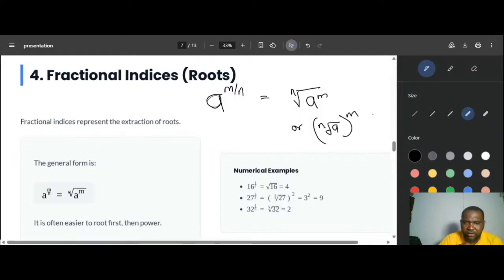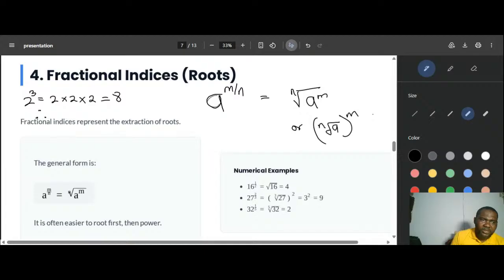Now, but before I continue, I like to say what root means. You know, we have square root, we have cube root, and so on and so forth. Now, if you have, let's say, 2 raised to the power of 3, we say it is 2 times 2 times 2, which is 8.